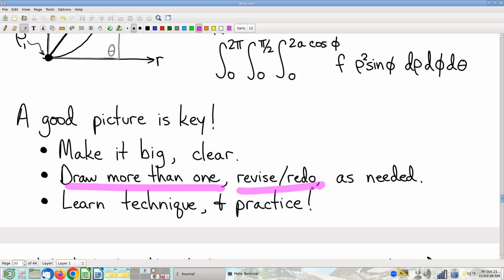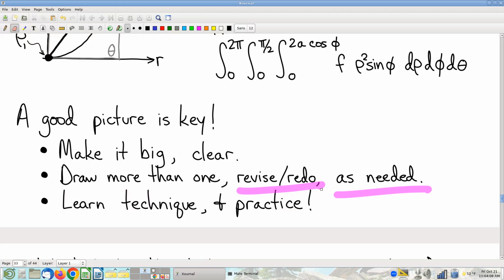Sometimes I've gone through 3 or 4 versions of my figure until I get to one that's as good as possible. And don't forget, for this purpose, on the exams, you have scratch pages, right? So again, don't be shy about using those scratch pages to understand as much as possible before you get to actually doing your drawing.